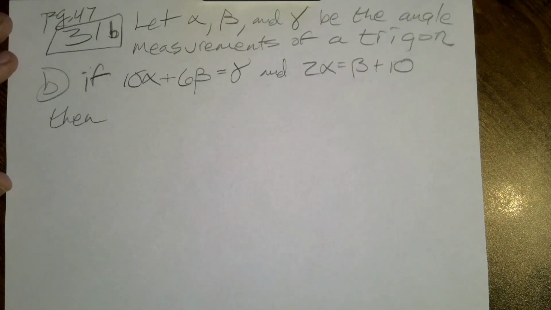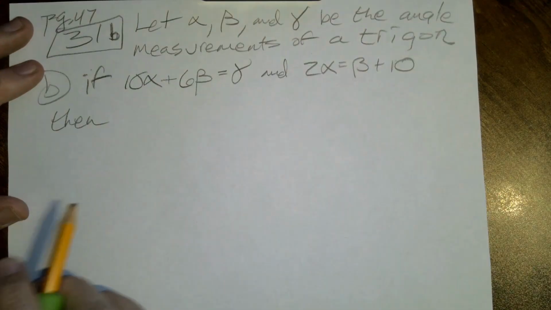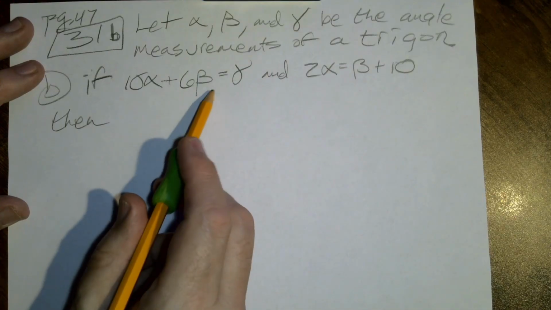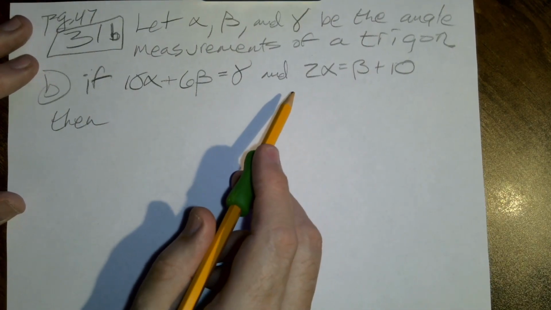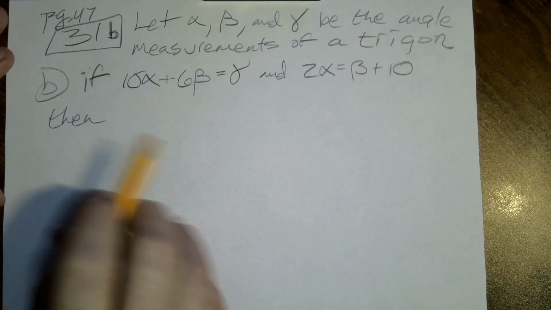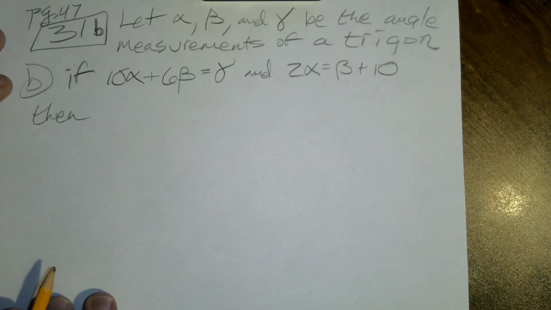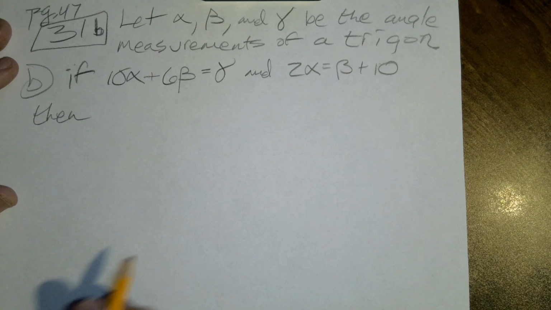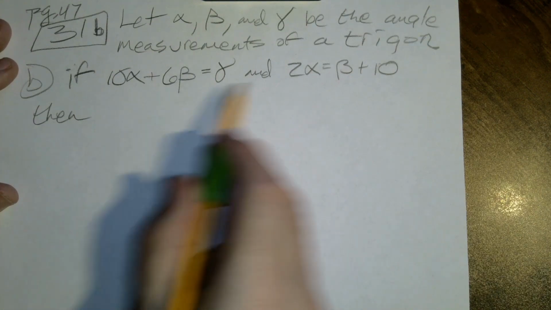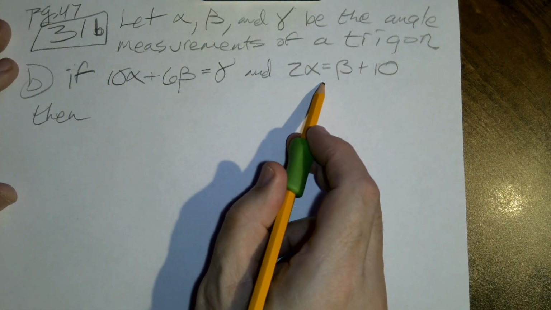Like this. So here we have this situation: 10 alpha plus 6 beta equals gamma, and 2 alpha equals beta plus 10. I suppose we could substitute this right here.